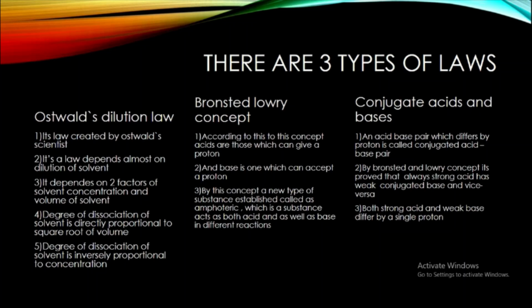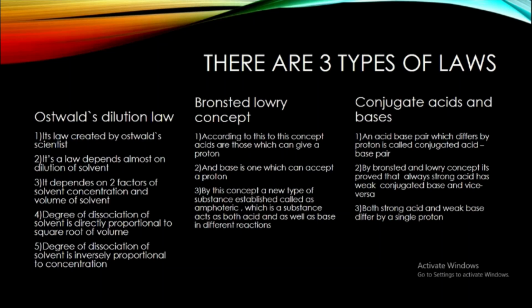By this concept, a new type of substance was established, called amphoteric. Amphoteric is nothing but one which can act both as an acid as well as a base. This is what is explained in the Bronsted theory concept. We will see a detailed study about this in the upcoming slide.